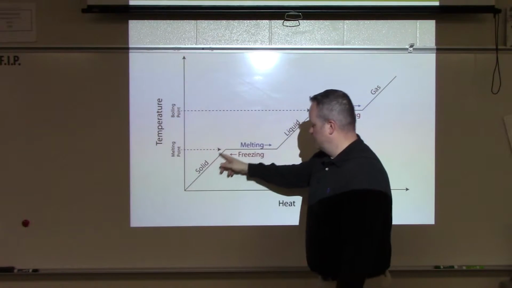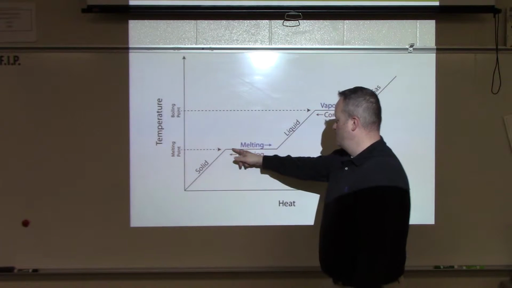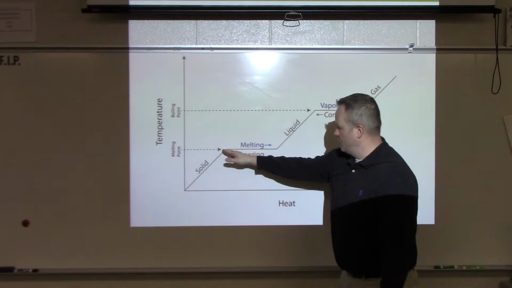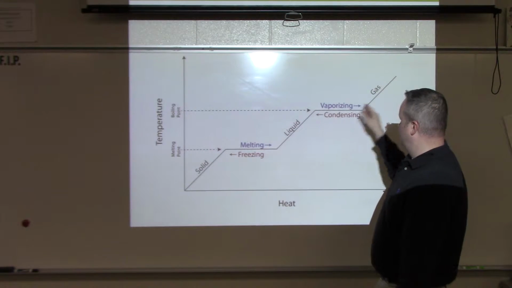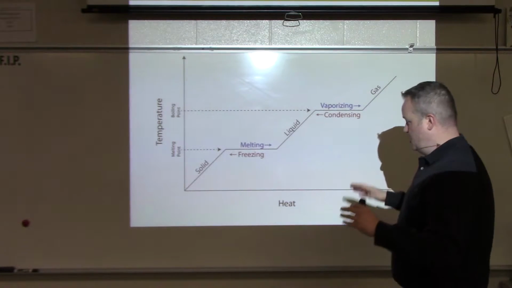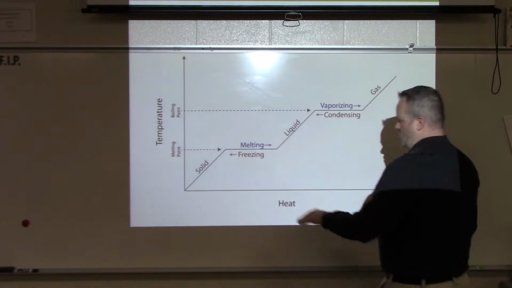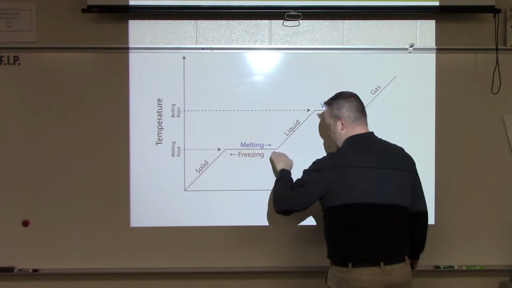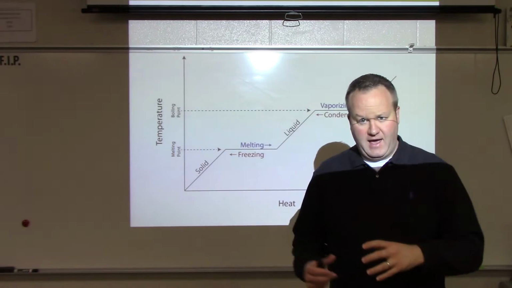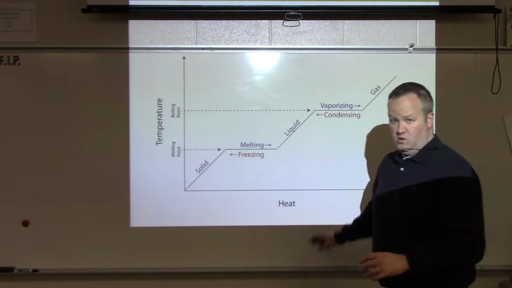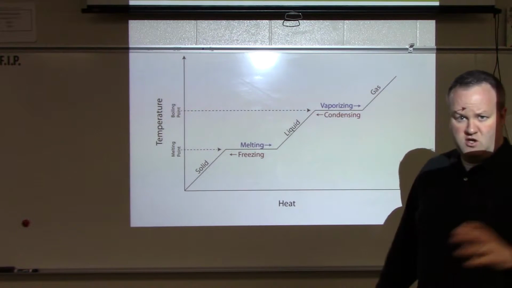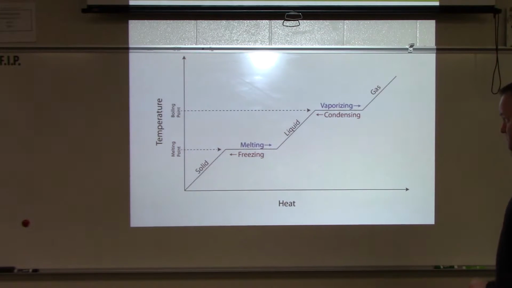You can either increase the temperature, or you can cause a state change. So if we go from solid to liquid or liquid to gas, that's a state change. When that occurs, there is actually no temperature increase. So with this line being perfectly horizontal, there is no temperature increase, but rather the energy that you add through heat, or adding thermal energy, is going to cause it to change state rather than increase temperature.